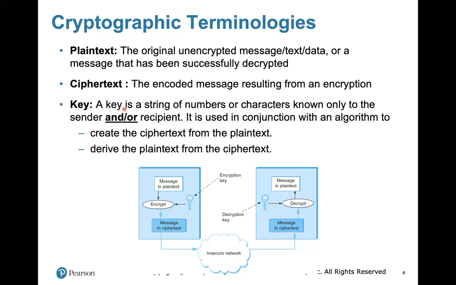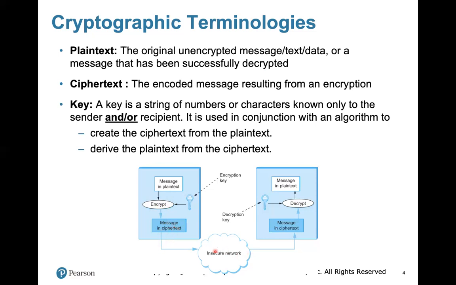Key is actually a string of numbers or characters which is known only to the sender and the recipient, or to a set of legit individuals or users. And the key will be used in the encryption process, plus the decryption process. So we get the message, we get the plain text, we use the key and apply it to a specific algorithm. We encrypt it. What we get is ciphertext.